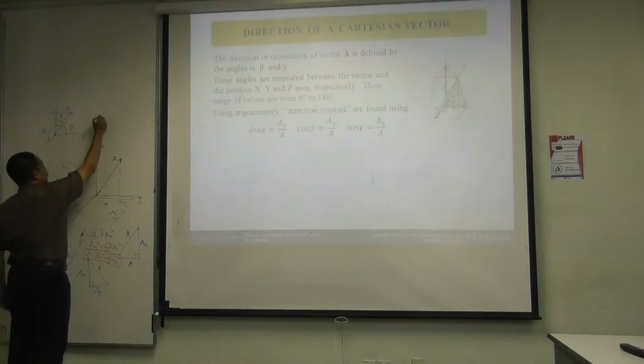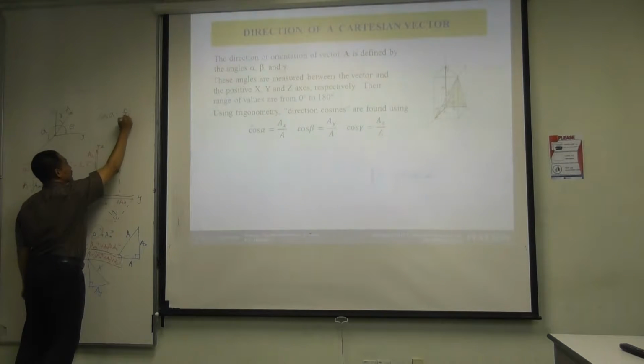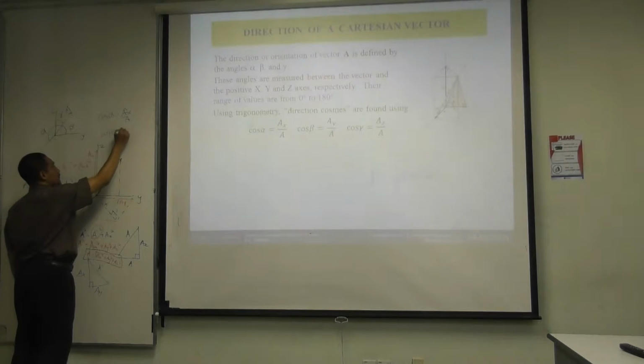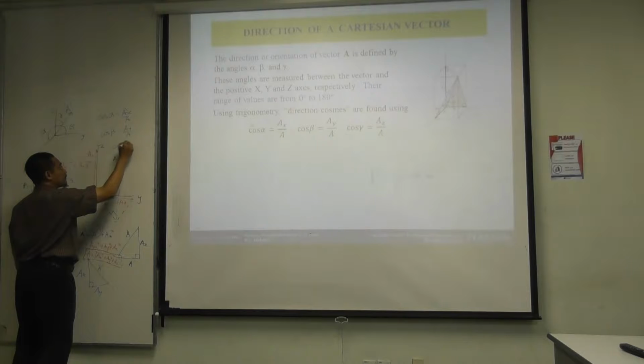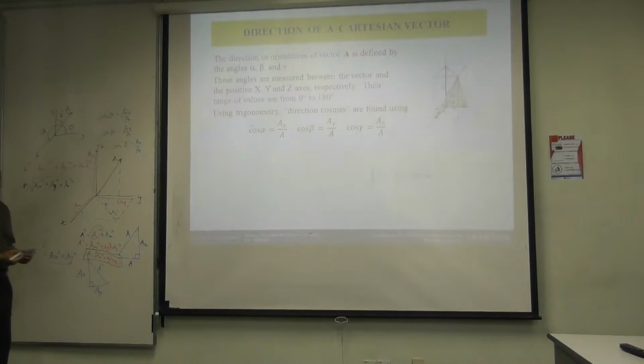We have cos alpha is basically Ax over A, cos beta is Ay over A, cos gamma is Az over A. Meaning if you already have these, cos alpha is simply Ax over A, cos beta is simply Ay over A, and cos gamma is Az over A. So you can calculate the angle if you already know this.